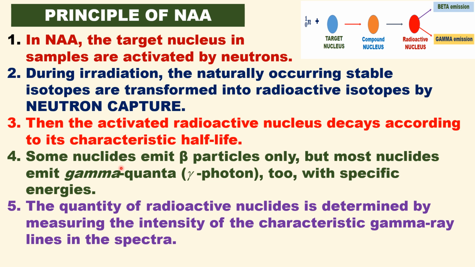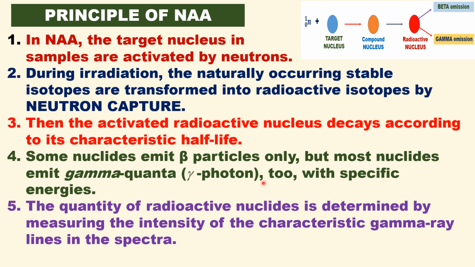Some nuclides emit beta particles only, but all nuclides emit gamma ray photons with specific wavelengths and specific energies.